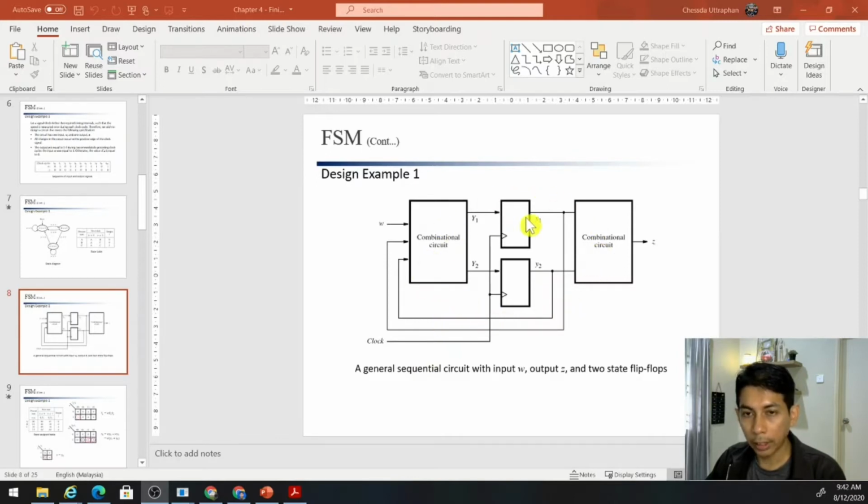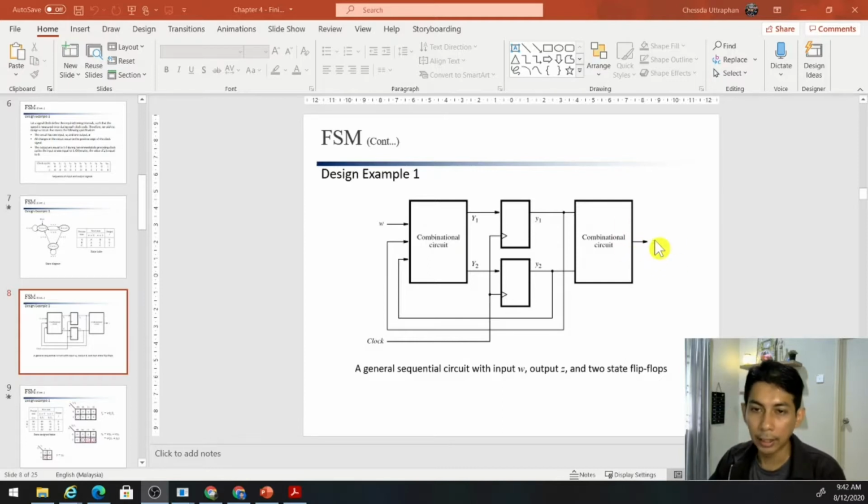The block diagram is actually quite universal for finite state machines. If you look at other finite state machines, the structure of this block diagram is pretty much the same, except that the output is different.